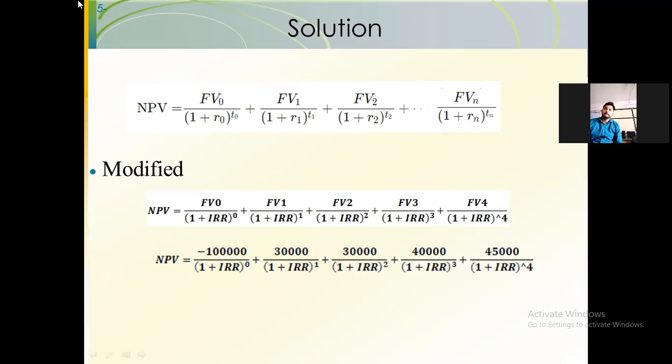We will get the equation: NPV is equal to minus 1 lakh divided by (1 plus IRR) raised to 0, plus 30,000 divided by (1 plus IRR) raised to 1, plus 30,000 divided by (1 plus IRR) squared, plus 40,000 divided by (1 plus IRR) cubed, plus 45,000 divided by (1 plus IRR) raised to 4.